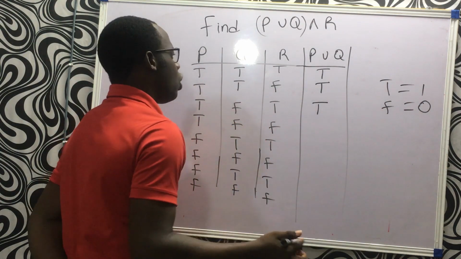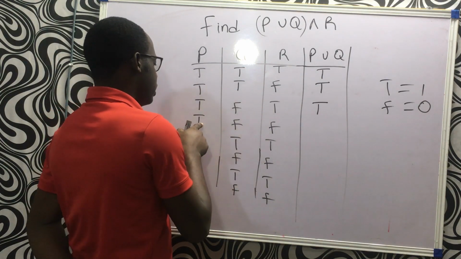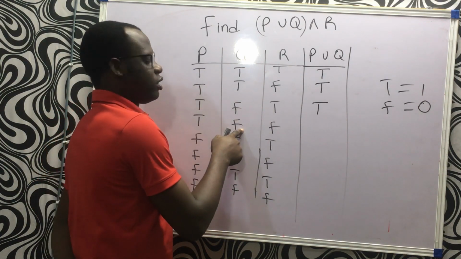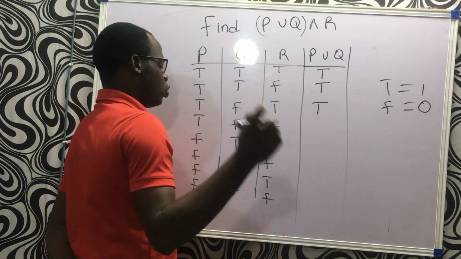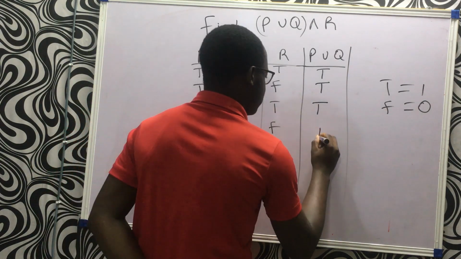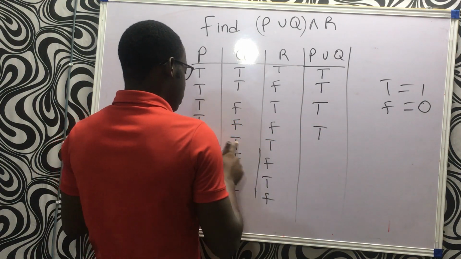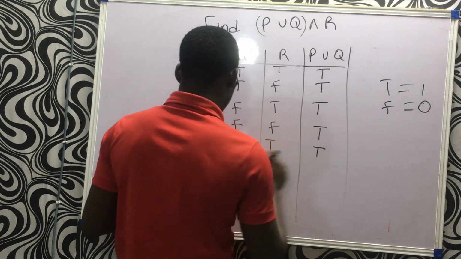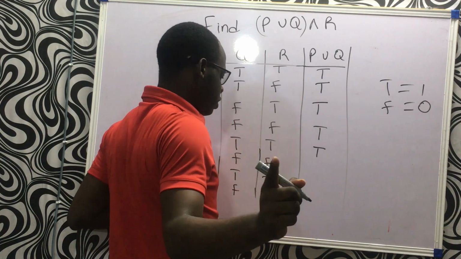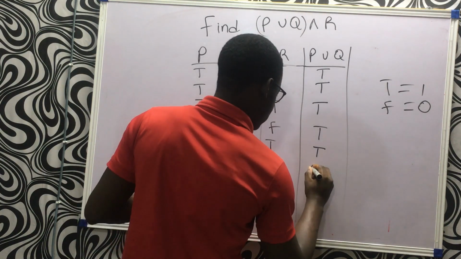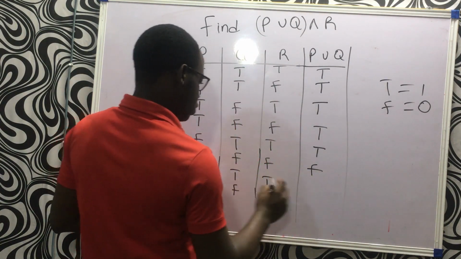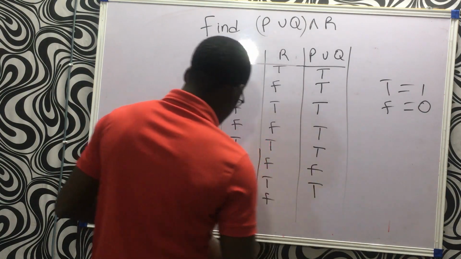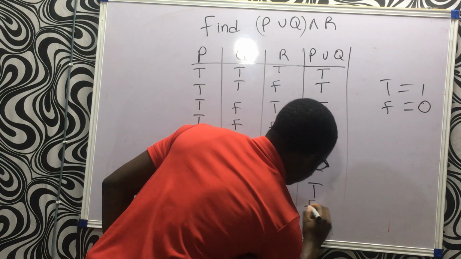So you can use the law of addition: T is 1, F is 0, so 1 plus 0 is 1, which is also equal to T. False and truth will give us truth. False and false, 0 plus 0 is 0, so false.